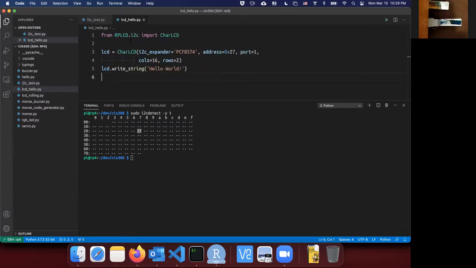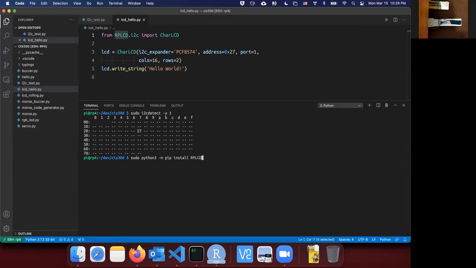In the Hello World program, we're going to use a library called RPLCD. This library is not installed as part of the Pi, so you need to install it for your Python. The way to install it, you run sudo python3 -m pip. We're using the pip tool to install RPLCD.